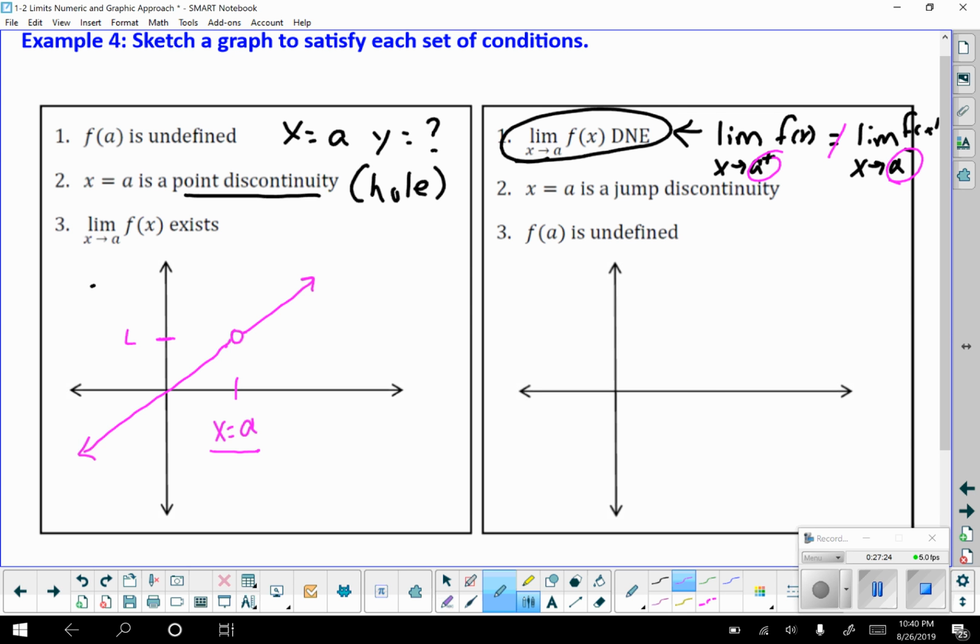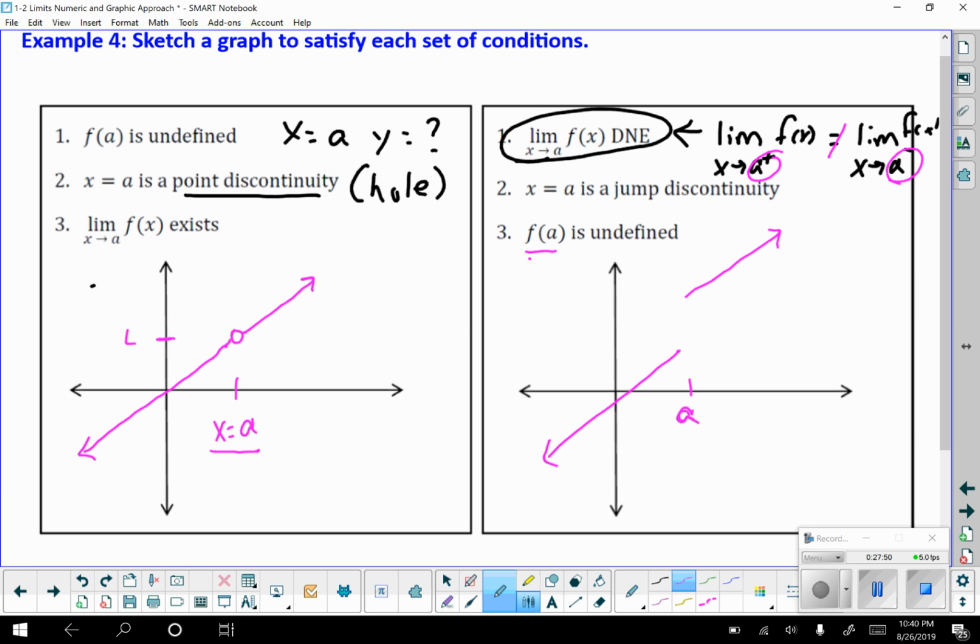So let's give ourselves a again, some value of x being a. And we know the limit doesn't exist. So I would have to come into a at some height and then leave a at a different height, wouldn't I? And I'm just going to do two simple linear functions. You could use parabolas if you wanted to. That'd be no problem.